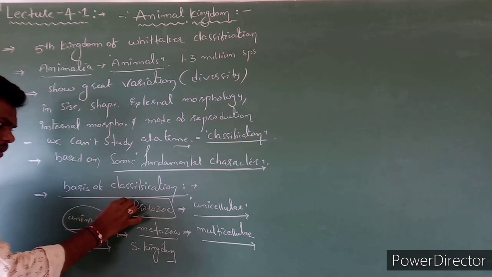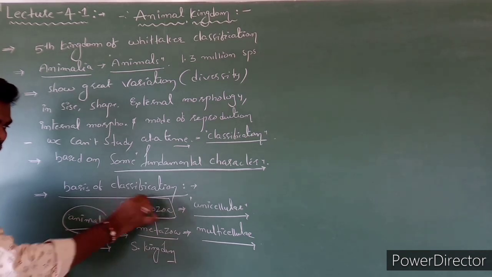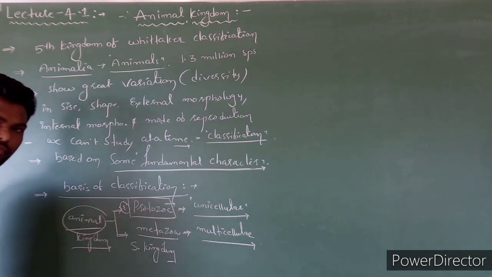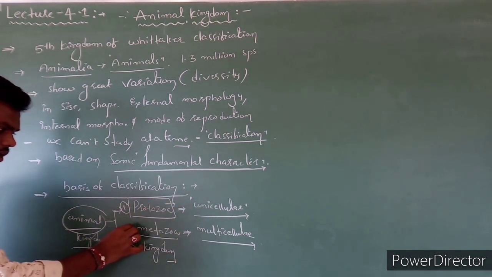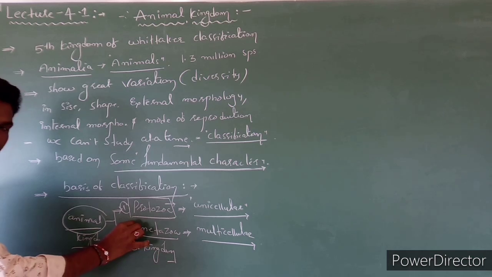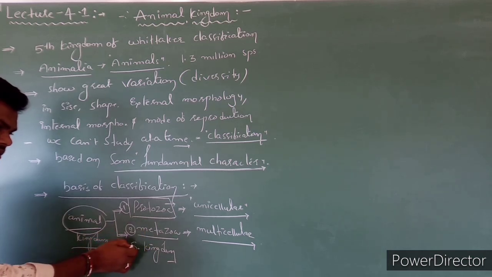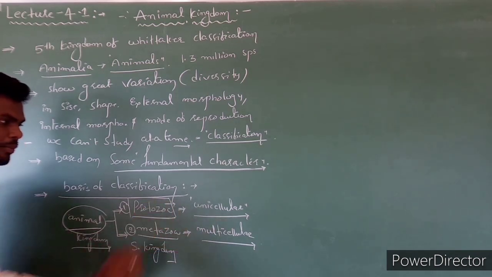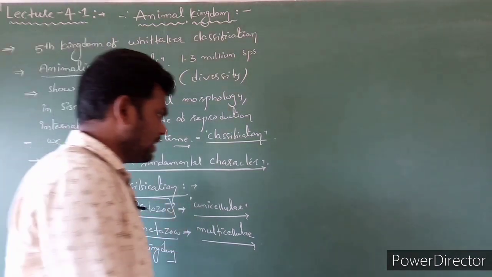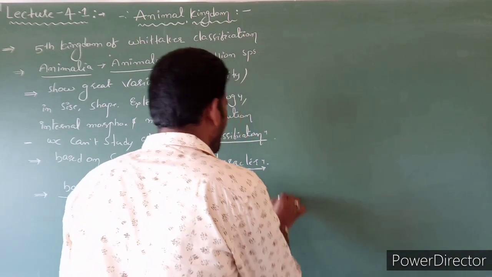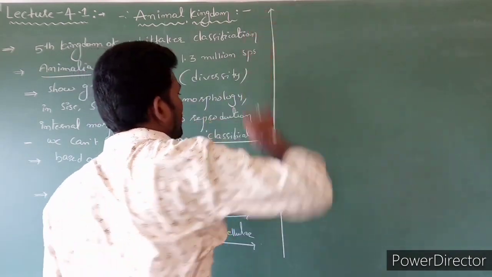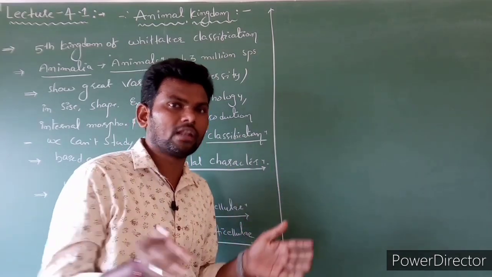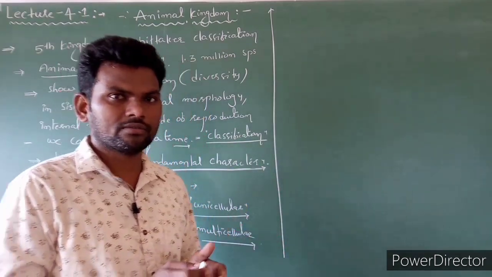The first sub-kingdom is Protozoa, only unicellular organisms. Next, multicellular organisms: the other sub-kingdom is Metazoa. It is multicellular in nature. Let's see what the fundamental characters are, and how they classify the entire animals.